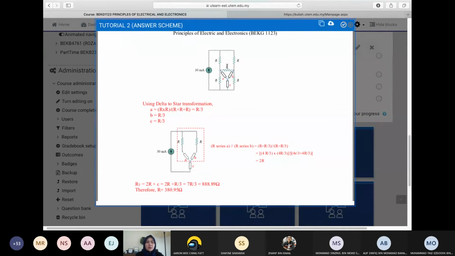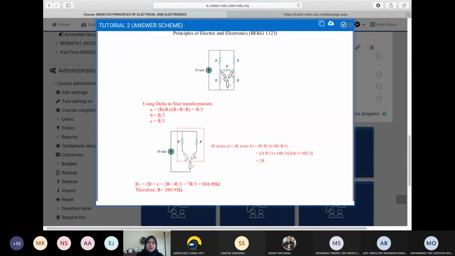Over here, we use delta to star transformation. This is the delta connection, and we change it to a star connection.